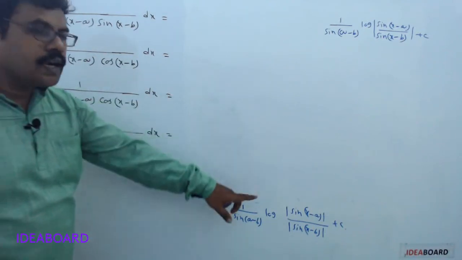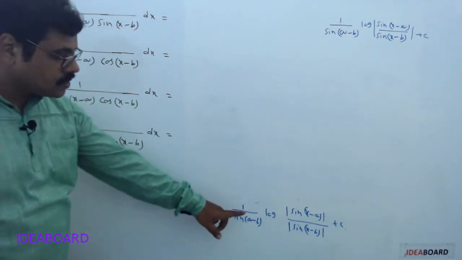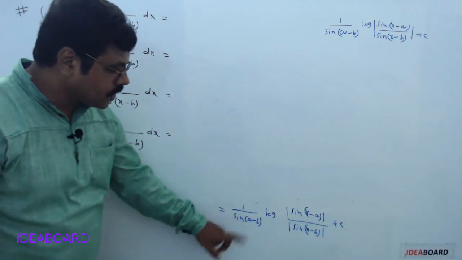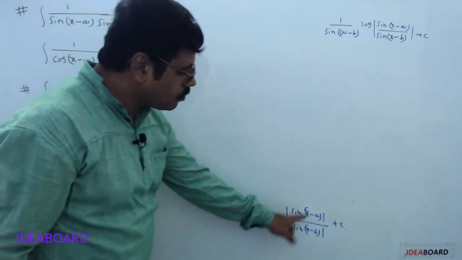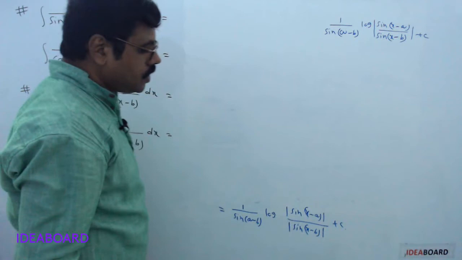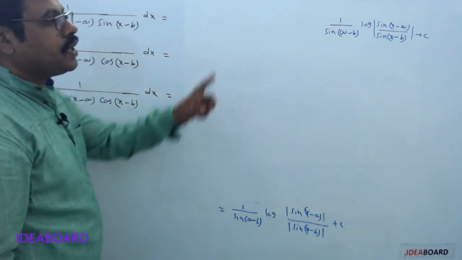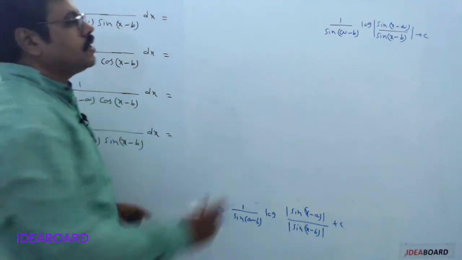So by using the direct procedure, you are getting 1 divided by sin of a minus b into log mod of sin of x minus a divided by sin of x minus b plus some constant c.